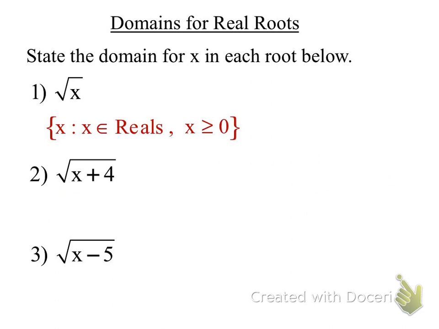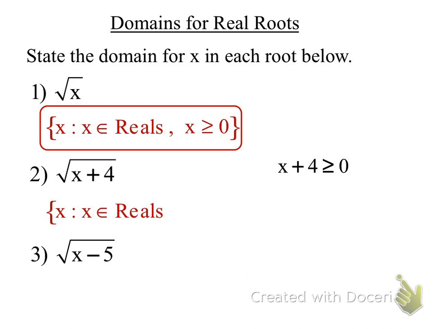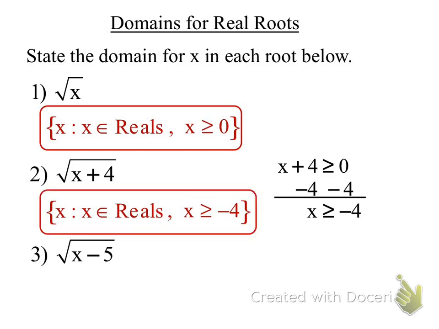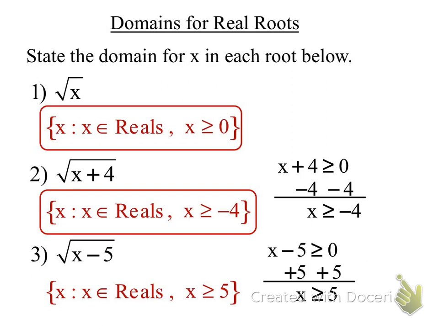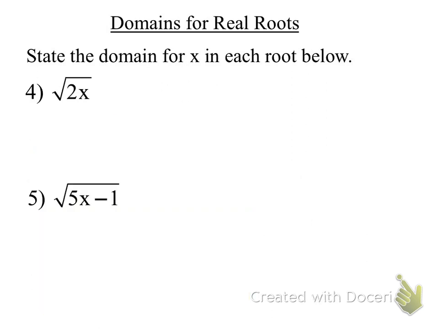Okay, the next one, x is an element of the reals, and? It's greater than or equal to 5. Right, it's going to be greater than or equal to 5, because 5 would give me the 0. It can be 0, it can't be negative. Right? Okay, it might get a little bit more complex. Set what's under there equal to 0. 2x, divide both sides by 2, and what do you get?